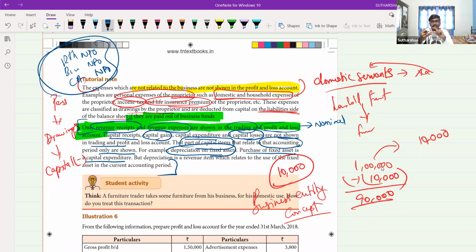If it is recurring, it is a revenue. அது expenses ஆ இருந்தா revenue expenditure. Income எனக்கு repeatedா வந்திருக்குன்னா அது revenue receipt or revenue income. Revenue payments னு சொல்லலாம். But depreciation is a revenue item which relates to use of the fixed asset in the current accounting period. அப்ப current accounting periodல depreciation is a revenue item. ஆனா அந்த asset இருக்கு பாரு, that is a capital item.